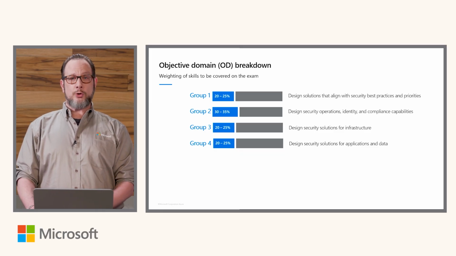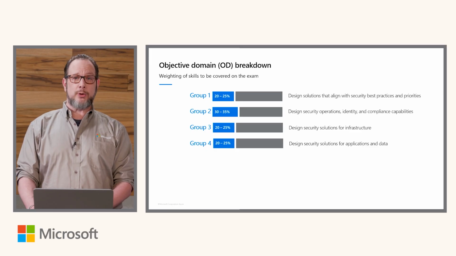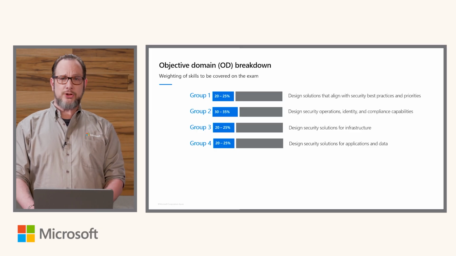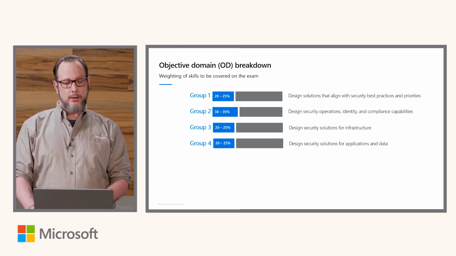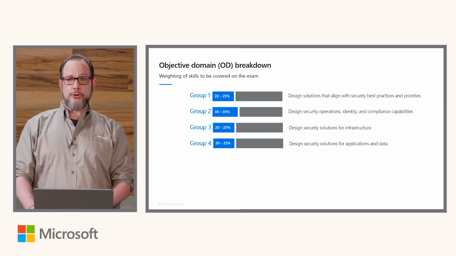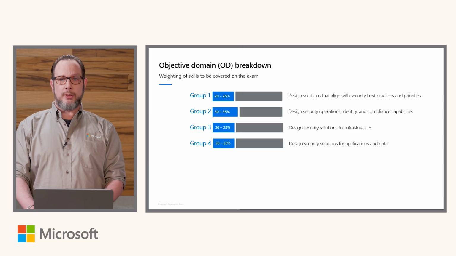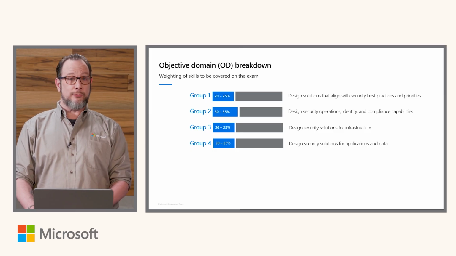And the last and fourth one is focusing on designing security solutions for applications and data. Now, as you can see, each group has a specific weight, which indicates the percentage of questions that will come from each area. Group 2 here has the largest weight, but to pass the exam, you need to be familiar with skills in each and every one of the four groups.